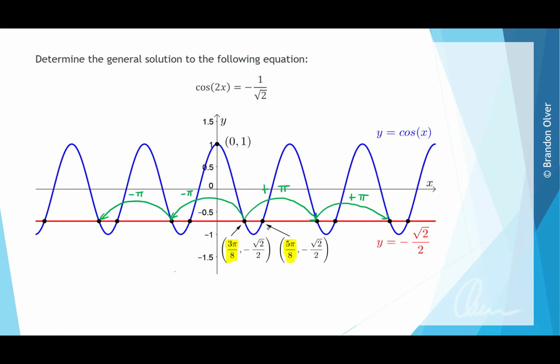Of course, we had a second part of the equation though, and that was for the other specific value, and then we could add the period on to find a new value, and then we could add the period on to find a new value, or we could subtract the period away, and we could do that again to find the next value, etc. So that's what our general solution represents. It's the two specific solutions, and then we add the period times the integer k to represent that there are infinitely many solutions to a trigonometric equation.